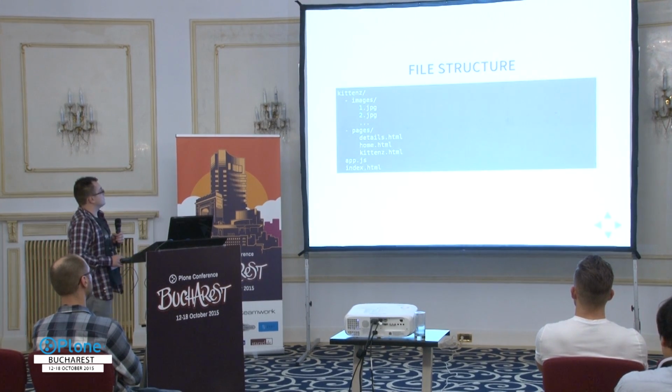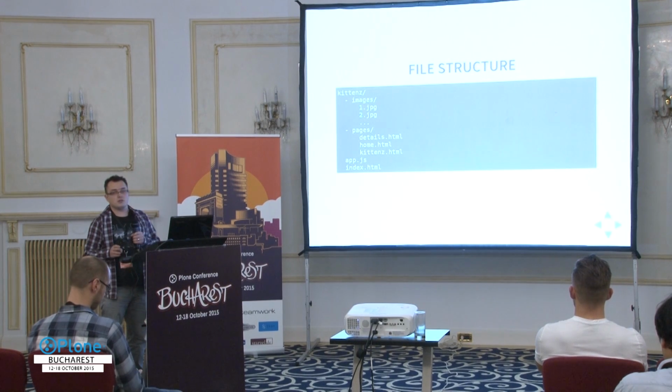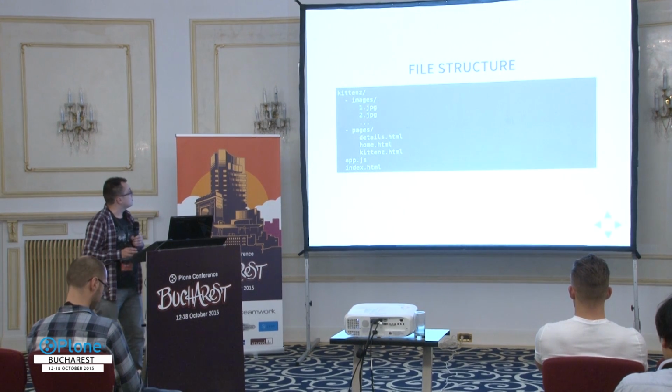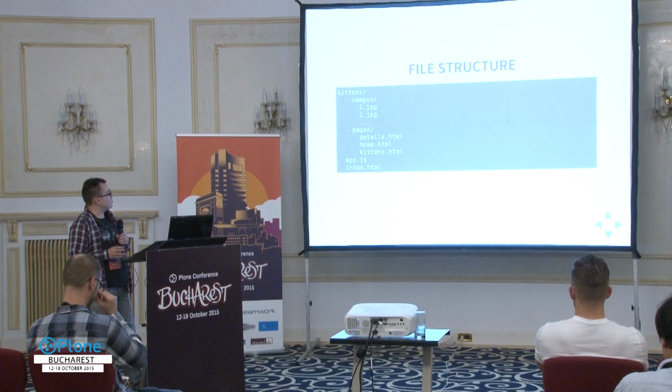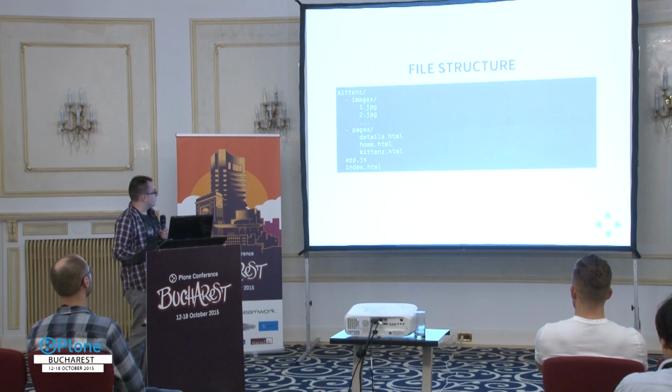We have the folder kittens, which contains an images folder where the cat images are stored. We have a pages directory where the templates are stored for each view. An app.js, which is the app itself, and the main page, index.html.